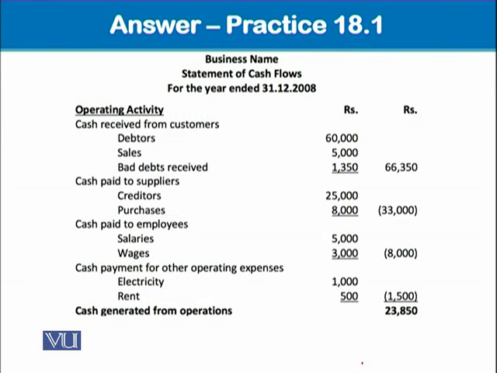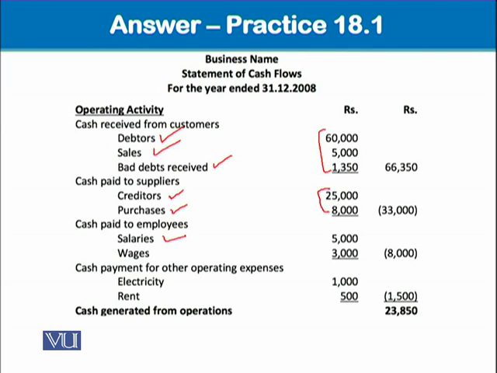Well, so what we see is that now we have to work out all this. This is operating activity. We have cash received from customers, meaning debtors, sales, and bad debts. We already discussed this. We have marked it. Then cash paid to suppliers. We made payment to creditors and for cash purchases. These are the cash paid to suppliers.